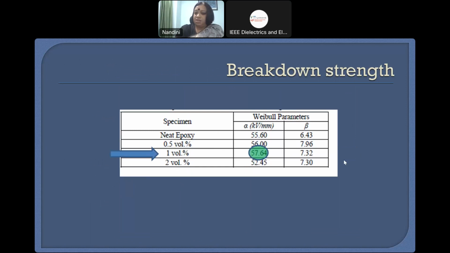Now we performed certain characterization experiments. When we looked at the breakdown strength, we see that when you incorporate alumina into epoxy, the breakdown strength increases up to 1%, at which point it does a volte-face, and at 2 volume% it goes down.